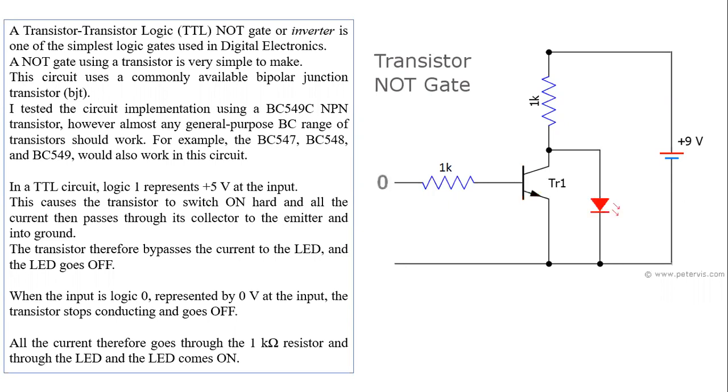That means it's behaving like a NOT gate. What is a NOT gate? A NOT gate gives the complementary output. I mean, 1 as input gives 0 as output, and 0 as input gives 1 as output. That is how the NOT gate operation is created with the help of a TTL circuit.